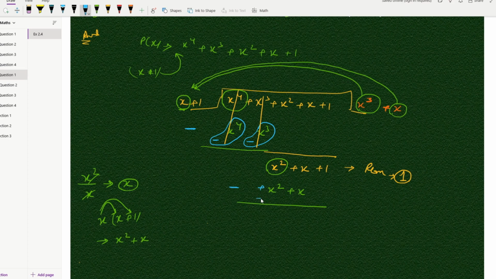So this is plus, this is minus, this is plus, this will become minus. So this is minus x square and this is minus x. So these terms will get cancelled out. ये भी cancel out हो जाएगा और ये भी cancel out हो जाएगा. So the remainder will become plus 1 here.